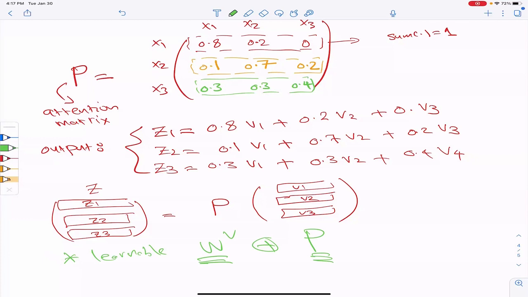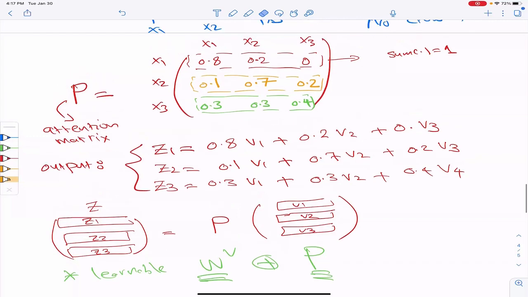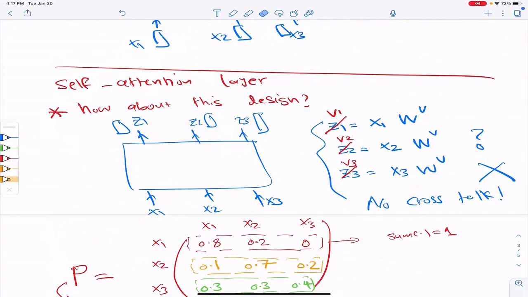Then I can use P times the v1s, v2s, v3s. I'll get the output Z's, and that's it. So I'll have an attention layer with parameters WV and P. Done. Questions?